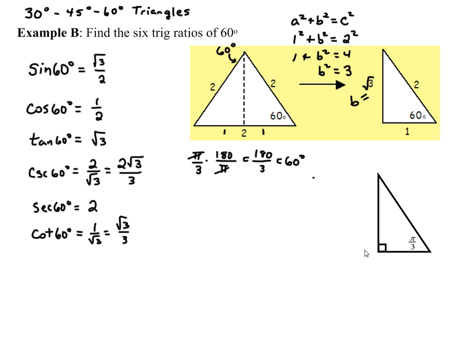So in fact, all of these same ratios that we were dealing with before happen here as well: 1, 2, square root of 3. And so if I asked you to find for me the sine of the angle pi over 3, you had better remember that that is equal to the square root of 3 over 2. Or if I asked you for the cosine of the angle pi over 3, you would tell me 1/2.